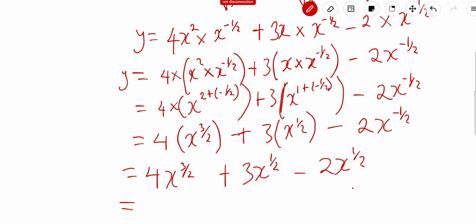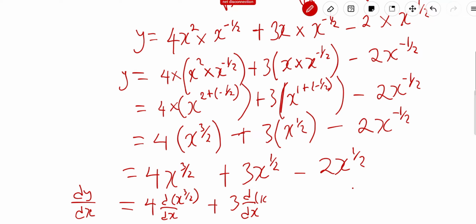Moving forward, I can now differentiate dy over dx. It's going to be 4, I differentiate this, and then I differentiate this.